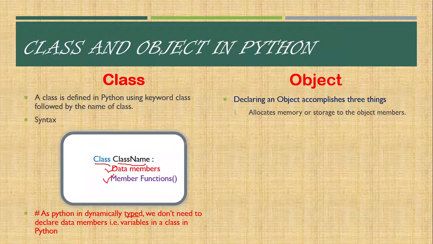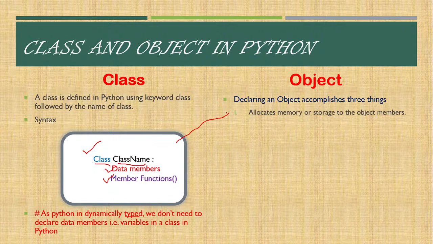So, declaring an object accomplishes three things. First of all we write the code, that is the blueprint, and that blueprint is the code of the class. When we instantiate an object of a class, three basic things are done.